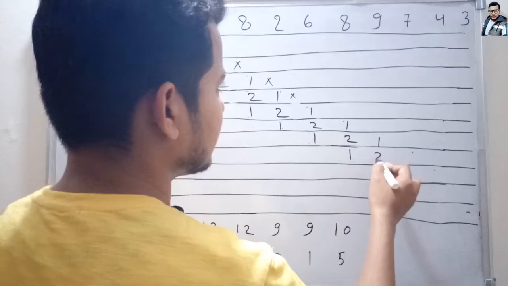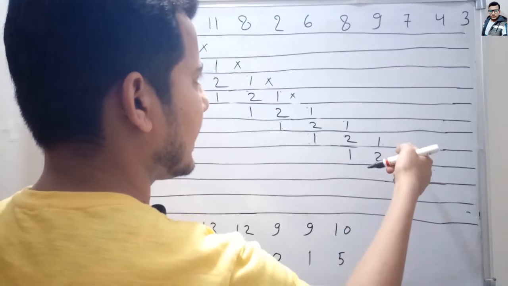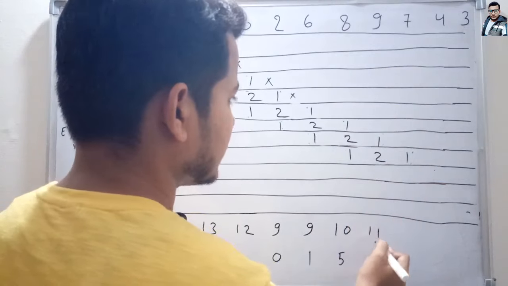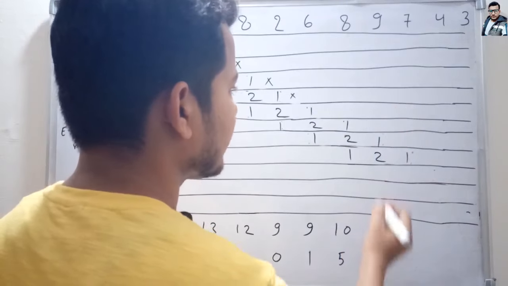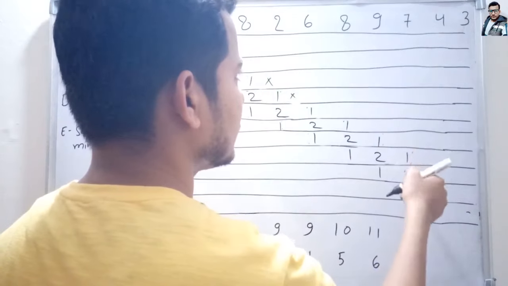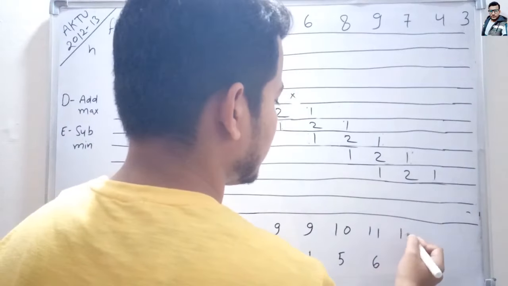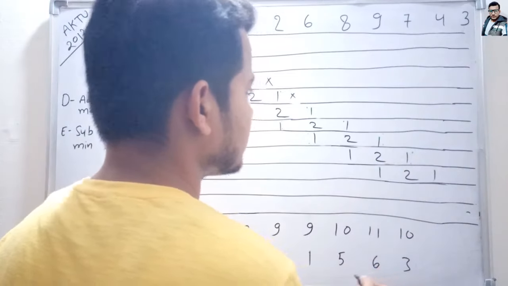Again we shift: 9, 11 and 8, so 11 is the maximum, and 7, 7 and 6, so 6 is the minimum. Again we shift: 10, 9 and 5, so 10 is the maximum, and 8, 5, 3, so 3 is the minimum.